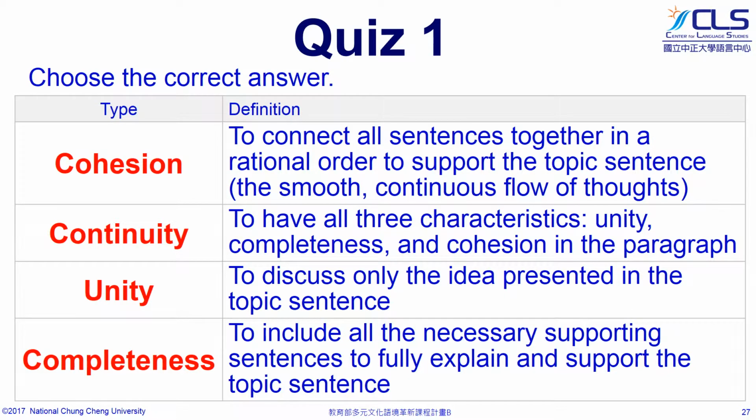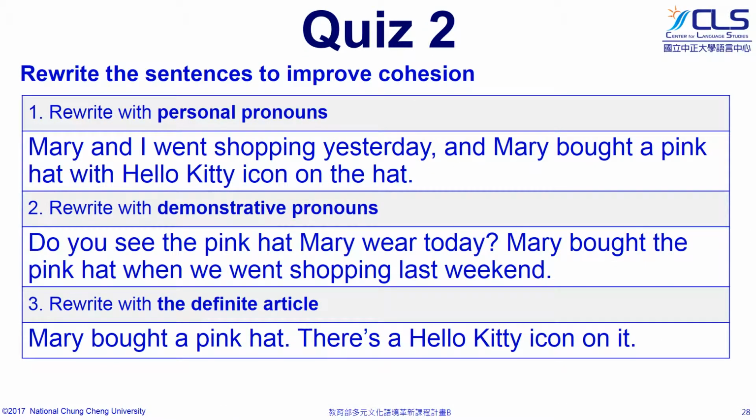Here are the answers. So to write a well-written paragraph, we should include all necessary supporting sentences to discuss one idea and connect them in a rational order to ensure the smooth and continuous flow of thoughts. Next, please rewrite the sentences to improve cohesion.